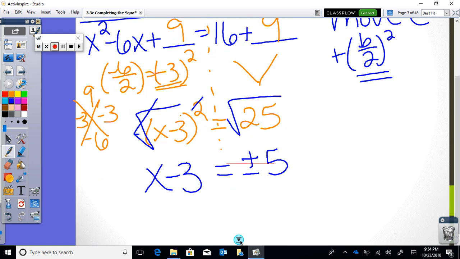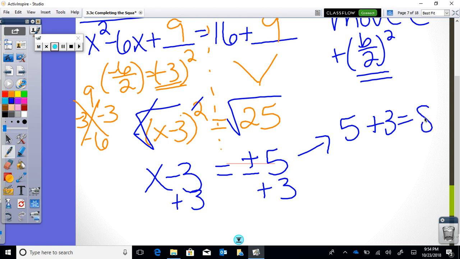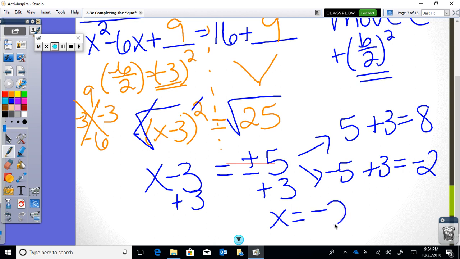Then the last step to get x by itself is to add 3 to both sides. Just be careful at this step because remember you have positive 5 plus 3 is 8, or you have negative 5, and negative 5 plus 3 is negative 2. So notice 5 and 3 are both real numbers, so we can add them together. So we have two answers, x is either negative 2 or x is 8.